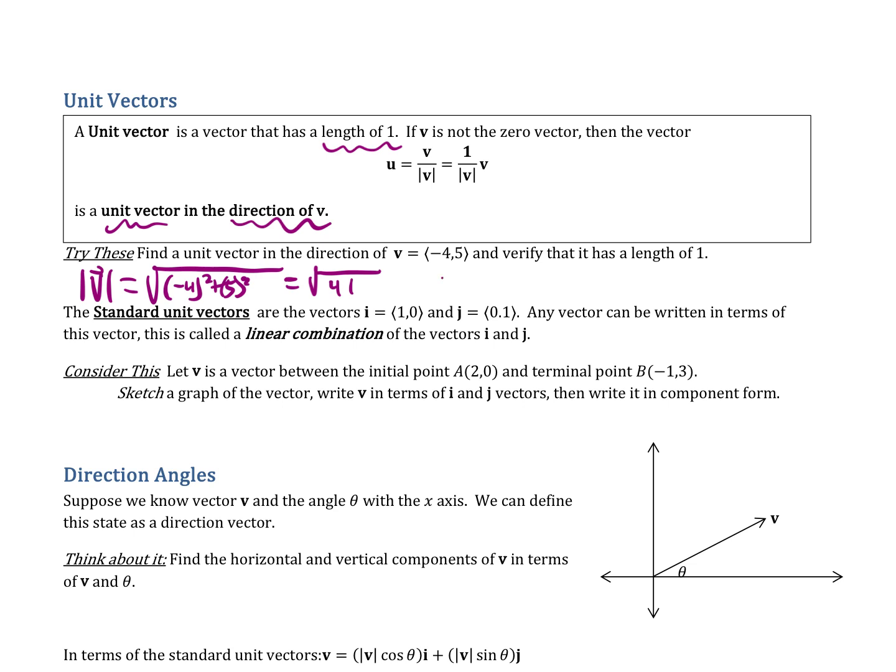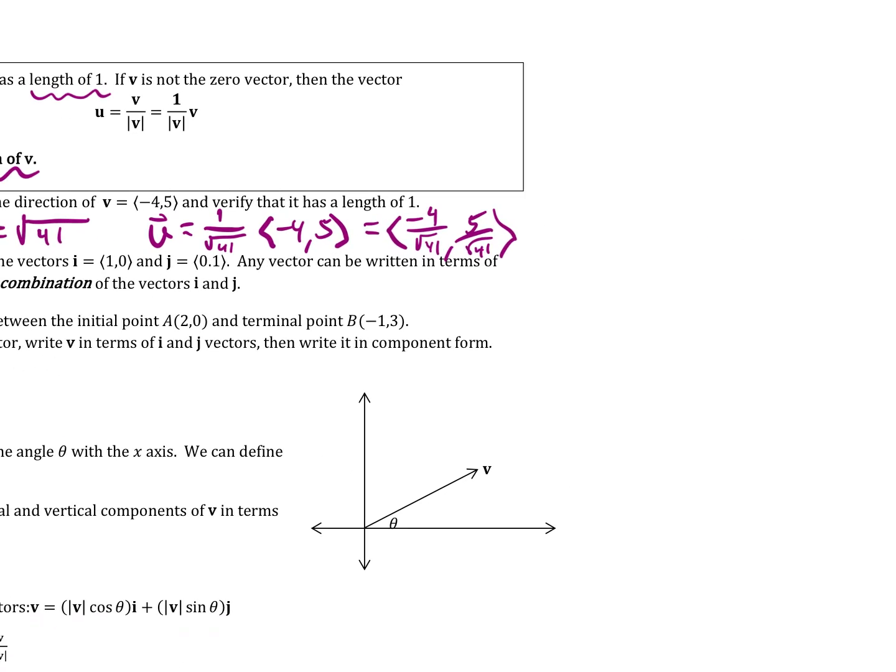So to find our unit vector, let's call u our unit vector. We're going to take 1 over that magnitude, which was the square root of 41. And we're going to multiply that times negative 4, 5. Okay, and that will give us some nice ugly numbers, negative 4 over the square root of 41, 5 over the square root of 41. Not worried about rationalizing that, by the way. Okay, there you have it.